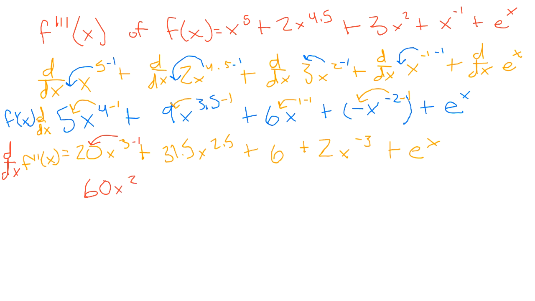Plus 31.5 times 2.5, which is going to be 78.75, x to the 2.5 minus 1, which is 1.5.